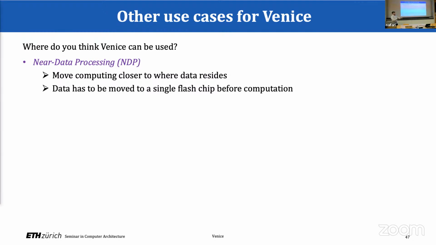So basically, don't build computers that are built around processors, but build them around data, make them data-centric. An example would be that the computations are actually done inside the flash chips, where all the operands needed have to be gathered from different flash chips.